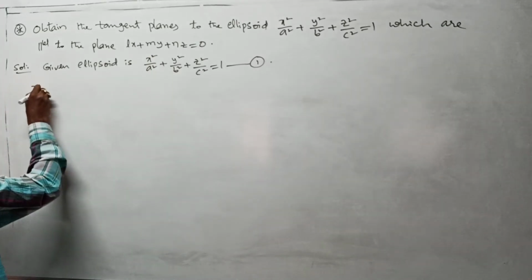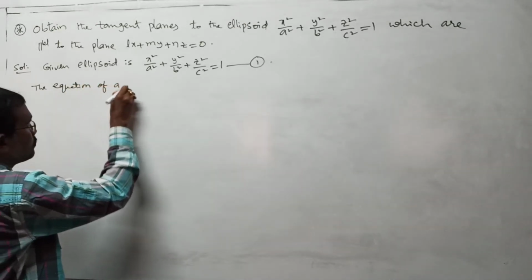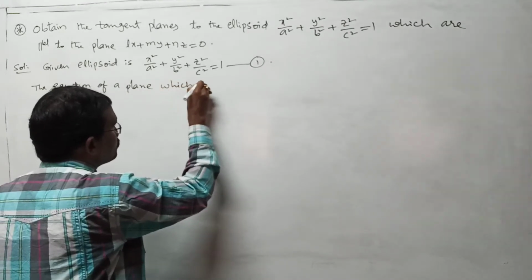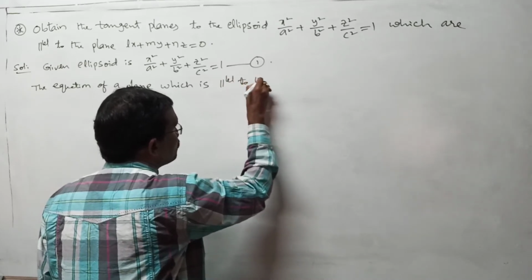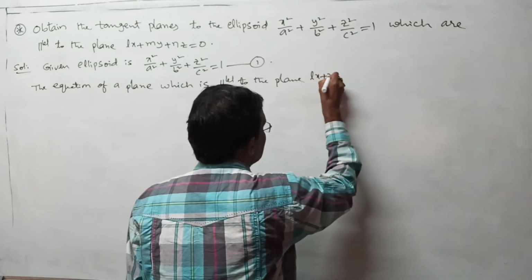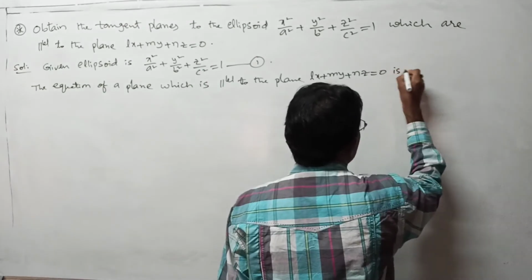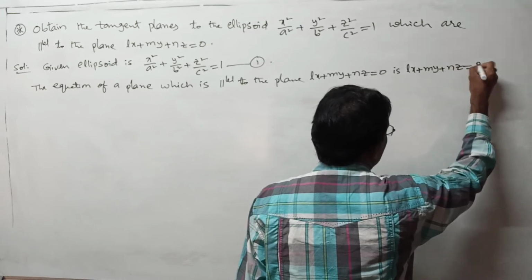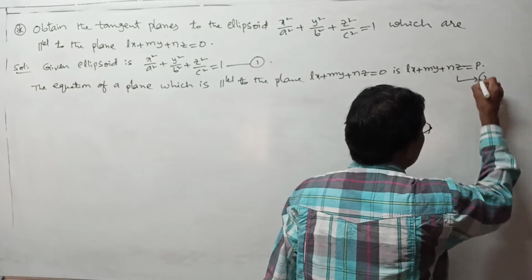The equation of a plane which is parallel to the plane Lx + My + Nz = 0 is Lx + My + Nz = P. Here P is unknown.